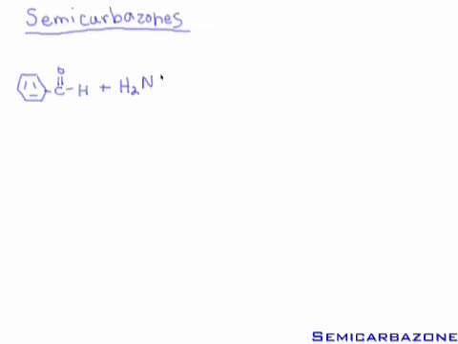Well, we have an NH2 attached to an NH. Off of the NH is a C double bond O, and off of the C double bond O is an NH2. The reactive nitrogen is the NH2 that's not connected to the carbonyl. This molecule is referred to as semicarbazide.